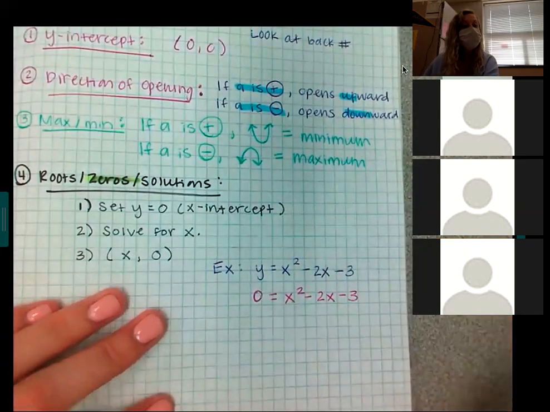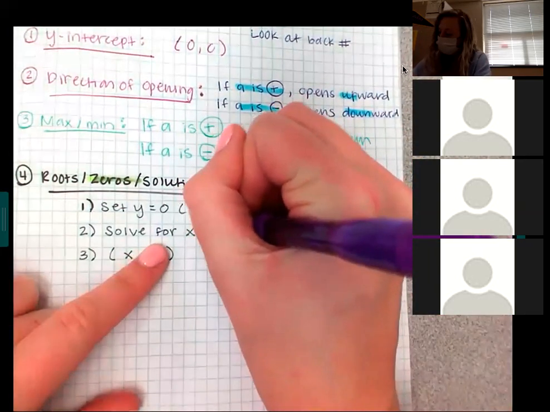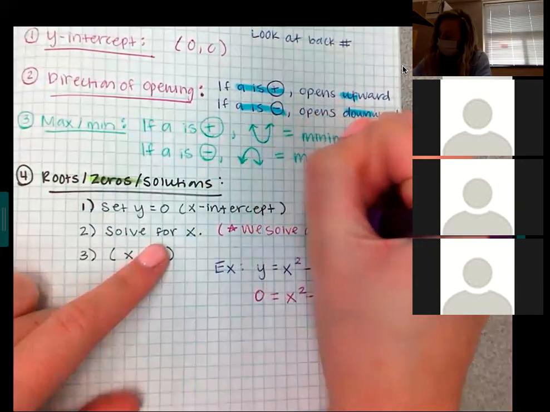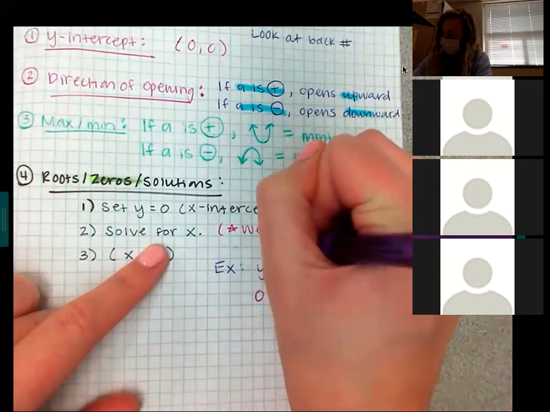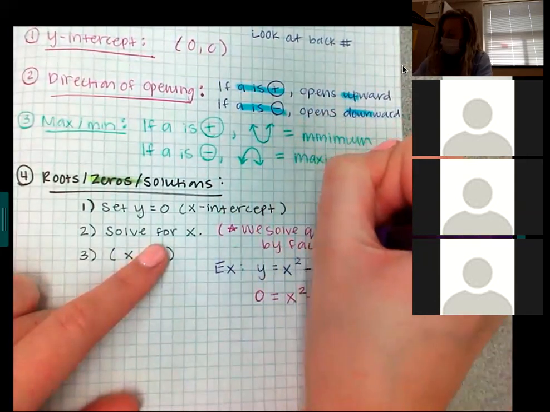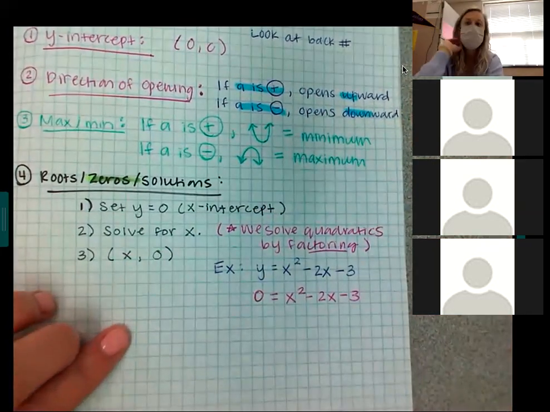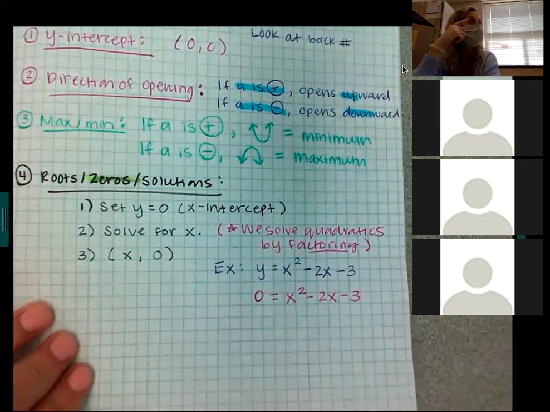Now the second step says solve for x. If it is a quadratic, I want you to write this. We solve quadratics by factoring. That is the fastest, easiest way to solve a quadratic. Those of you that have been using third-party resources, first of all, you're supposed to ask my permission.